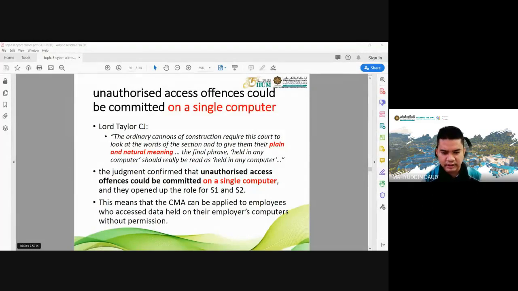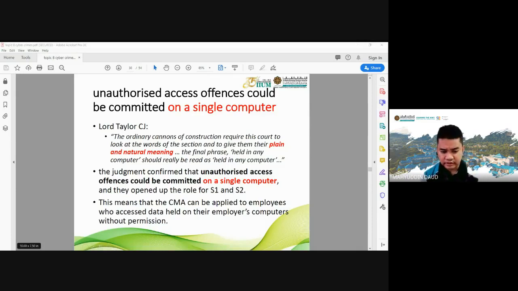You do something that causes impairment to the ordinary working of the computer. So say you get inside, and then you go and install a virus into that particular database, because of your act, now that particular system is no longer working as usual.